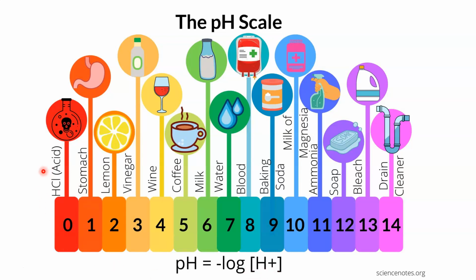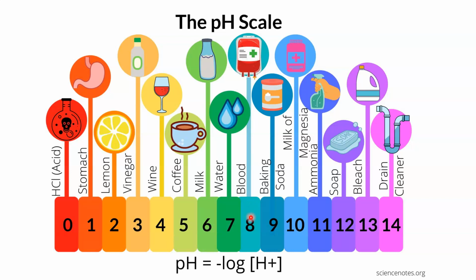So hydrochloric acid, if it's 1 molar hydrochloric acid, it has a pH of 0. Your stomach acid is also HCl, but it's a little bit diluted, and so it has a pH of around 1 or 2. Citrus fruits are closer to 2, vinegar and wine and coffee 3, 4, 5. Milk is a bit acidic, and then water is neutral.